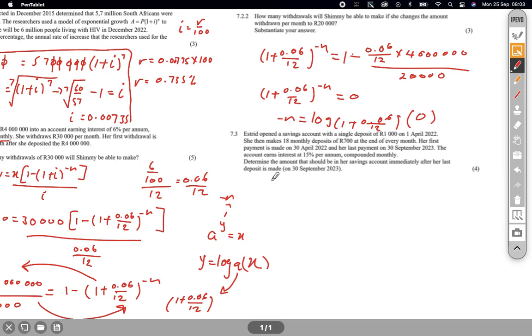But now, with logs, this cannot be negative over here. We cannot have it less than or equal to 0. So this is undefined. So this means that you would make an infinite amount of withdrawals.